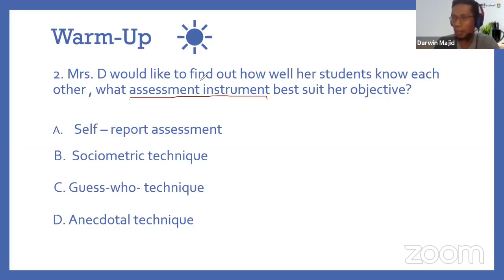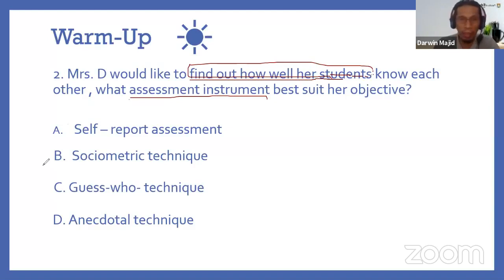Ano ang kanyang objective? Find out how well her students know each other. So this is our conditions. In our stem of question, when we review that, it's all about assessment instrument.